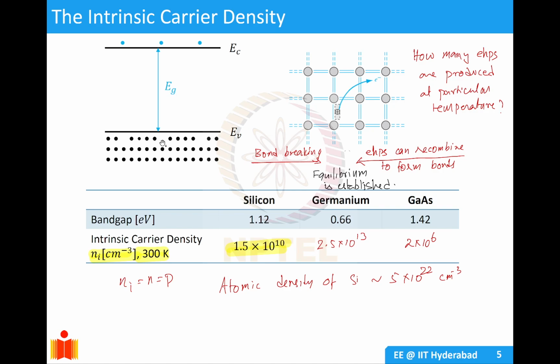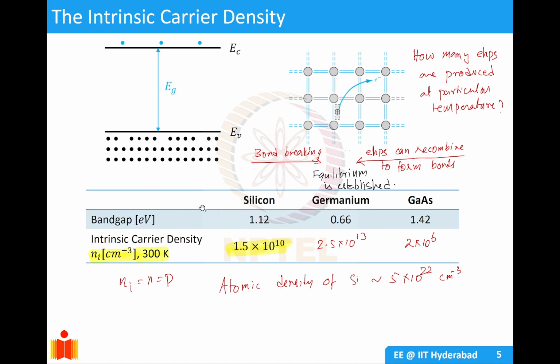Next is, generally speaking, all the states in the valence band are filled, and all the states in the conduction band are empty, but at a finite temperature, you will have some electrons in the conduction band and effectively some holes in the valence band, and that is due to thermal generation of electron-hole pairs.